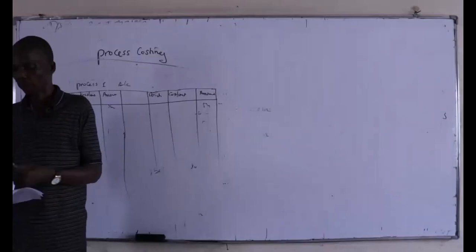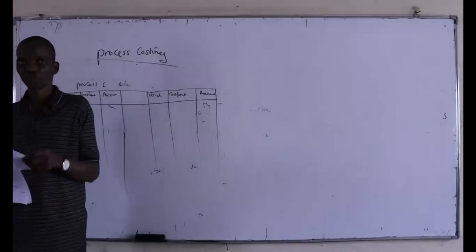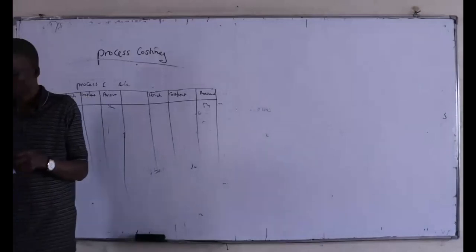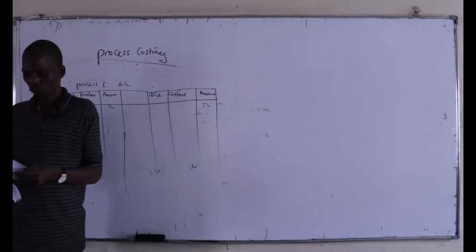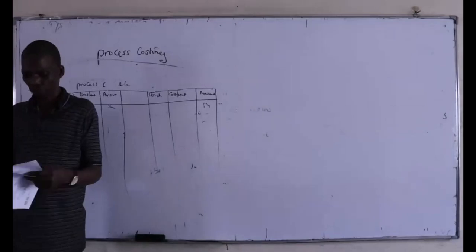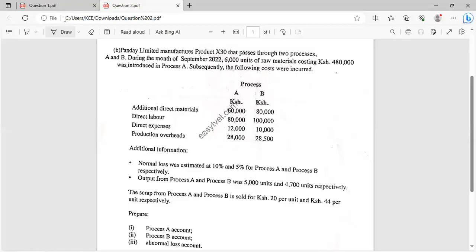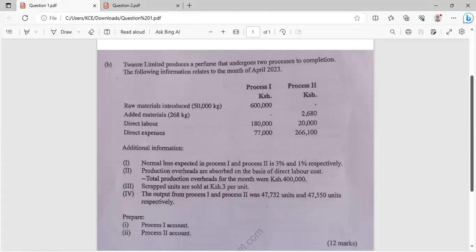That question is on question 3B. We are also going to look at November 2022. There was also another question on the same concept, and that was 7B. So we are going to share those 2 questions together for purposes of understanding what we have discussed clearly.